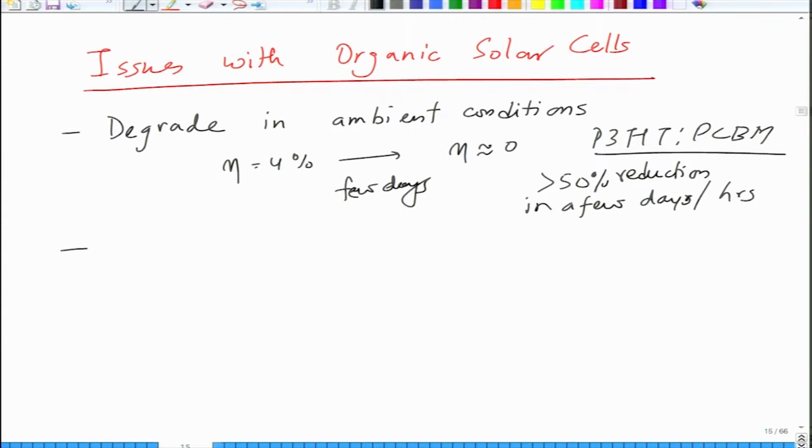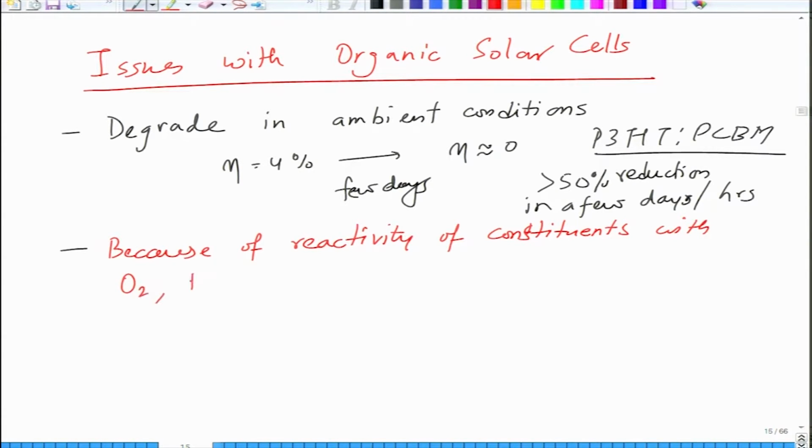under ambient conditions. So, why this happens is because of reactivity of constituents with oxygen, with moisture, and also photo-induced degradation.